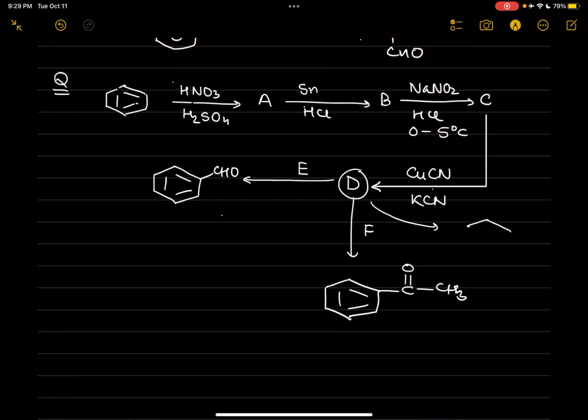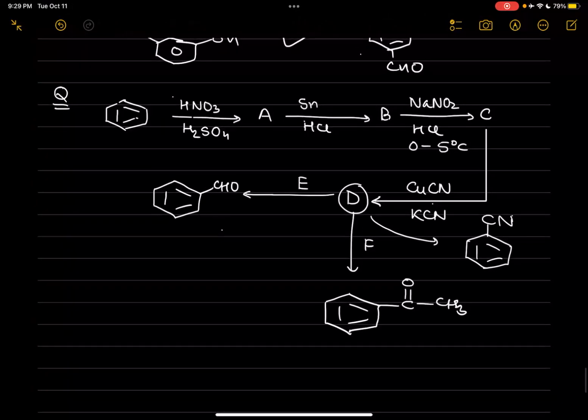Common name is benzonitrile. Benzene carbonitrile, right? Yes, sir. And now how are you going to convert it into CHO? Sir, by lithium aluminum hydride or DIBAL-H. Which one? Which reagent? DIBAL-H. Yeah, DIBAL-H and H2O.